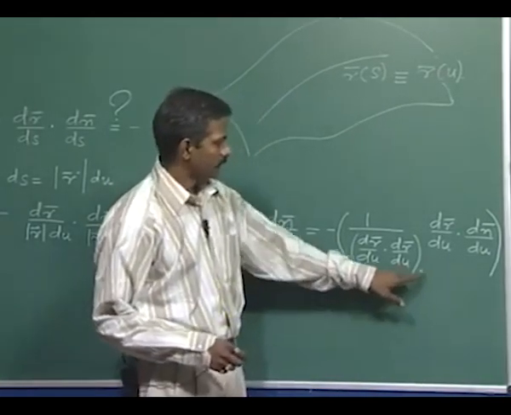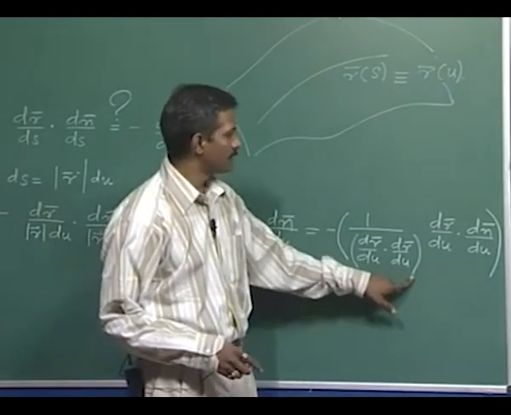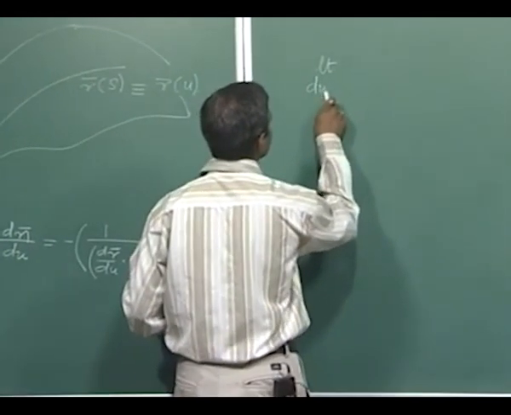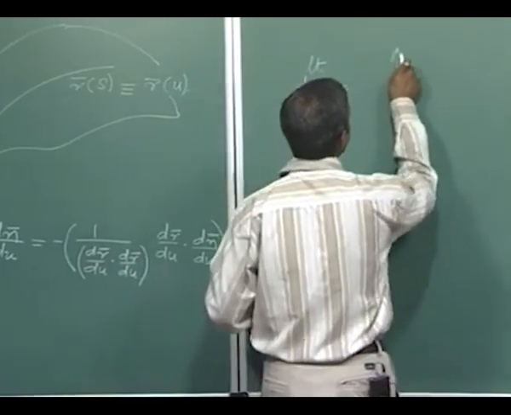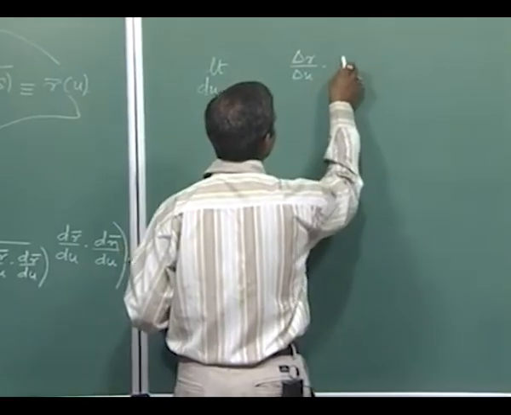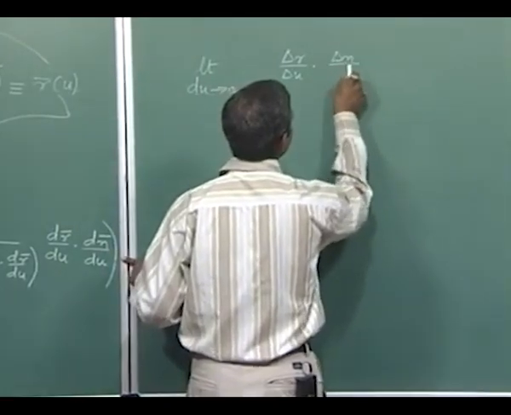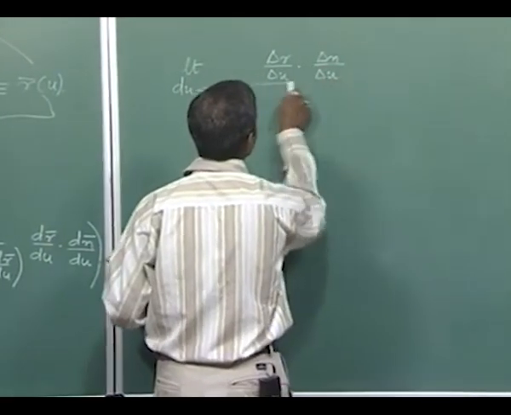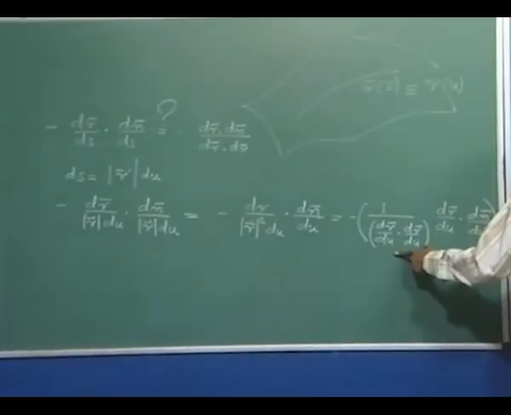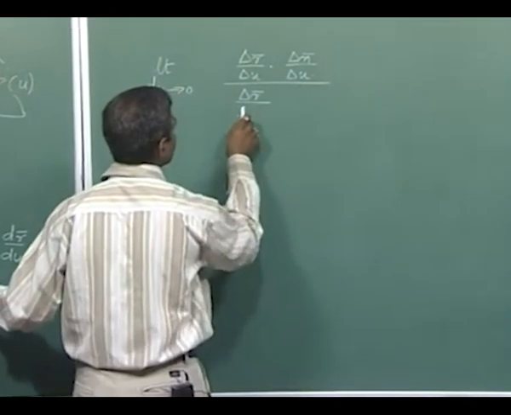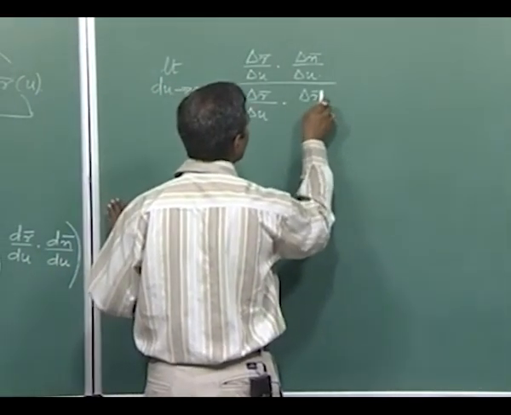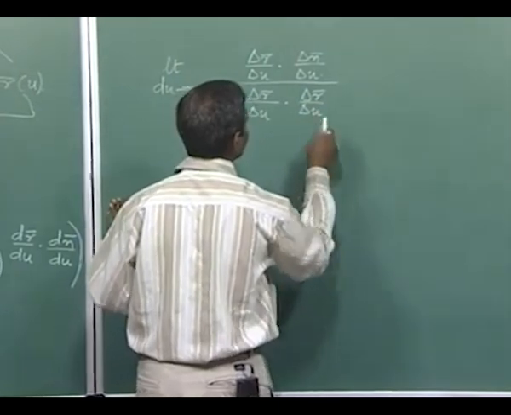If you notice, this result is a limiting case of limit delta u tends to 0, delta r over delta u dotted with delta n over delta u over delta r over delta u dotted with delta r over delta u.